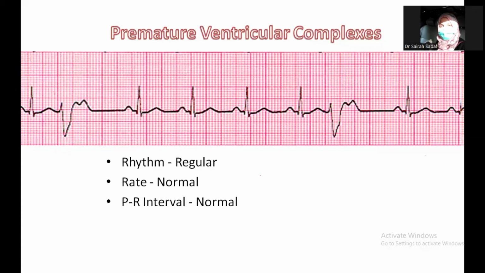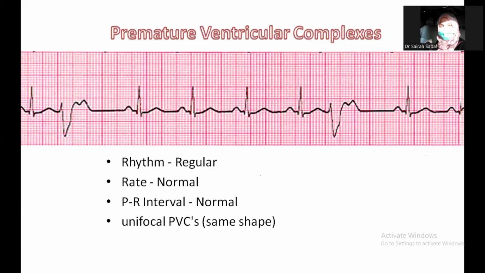Rate usually normal, PR interval is normal. Unifocal PVCs means same shape, again the same as that of focal atrial tachycardia, because in focal atrial tachycardia, although the P wave was distorted, it will be the same.